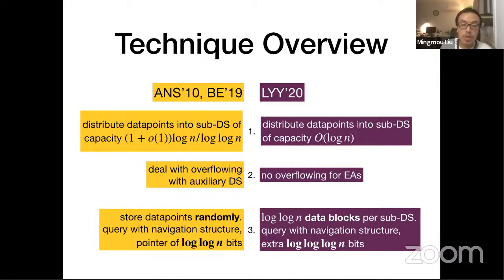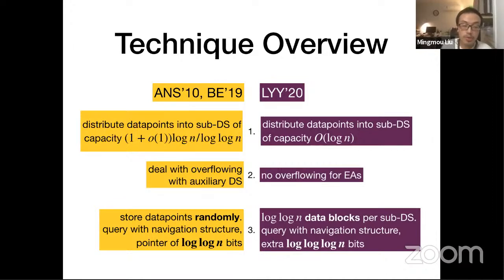Previous solutions randomly store the data points and equip every data point with a pointer to access it. The pointer uses log n bits because there are log n over log n data points in any sub-data structure. In order to reduce the space usage, we develop the idea of data block. One may consider the data block as our main technical contribution.